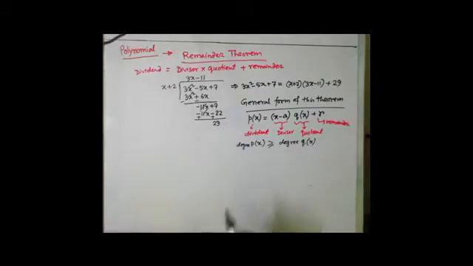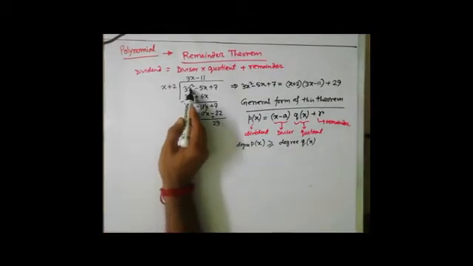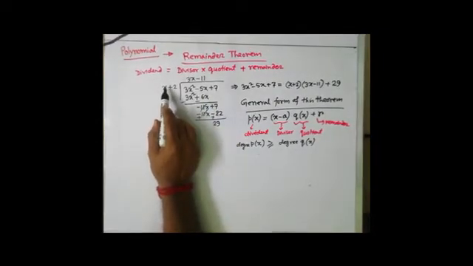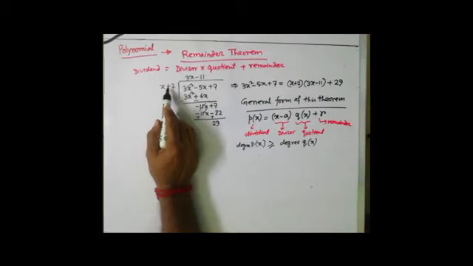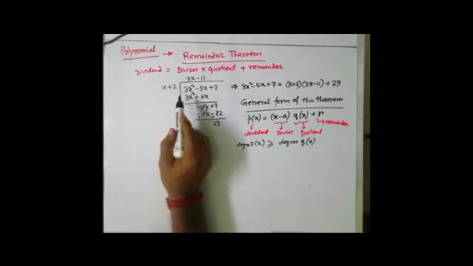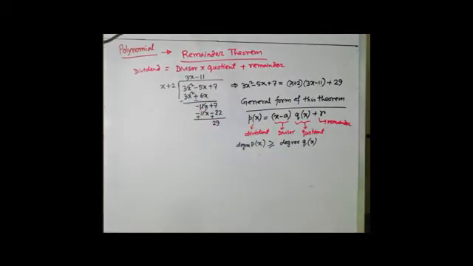That means the dividend degree here is x square, and the divisor degree is only 1, so the divisor degree must always be less than or equal to the dividend degree. You should keep it in your mind.